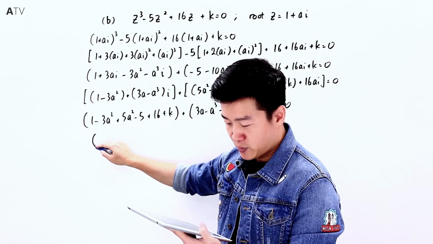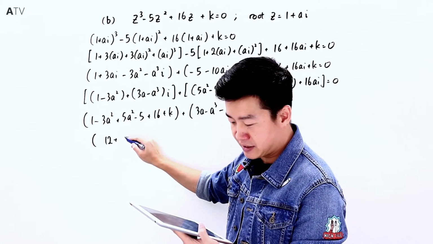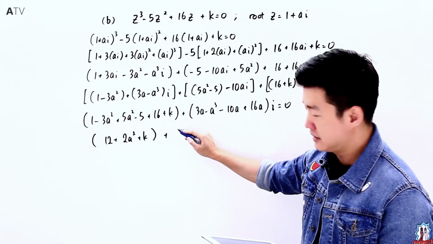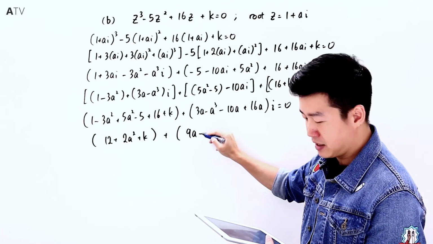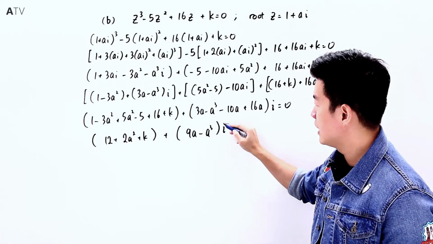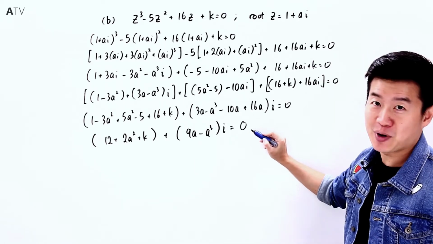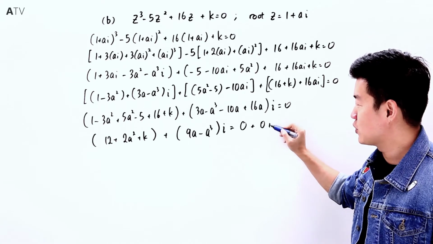And this will be 12 plus 2a squared plus k, plus this is going to be 9a minus a to the power of 3, i is equal to 0, which I can also express as 0 plus 0i.